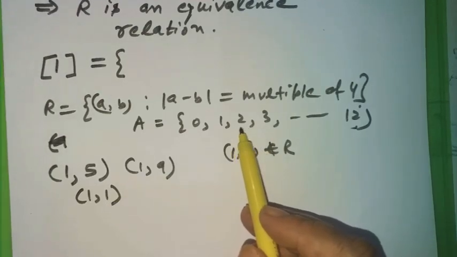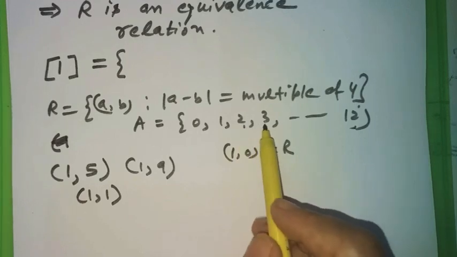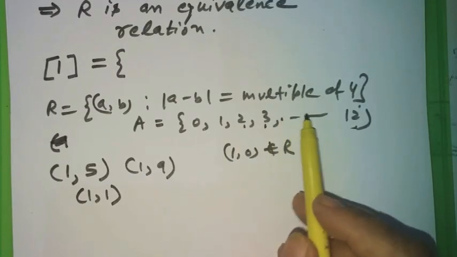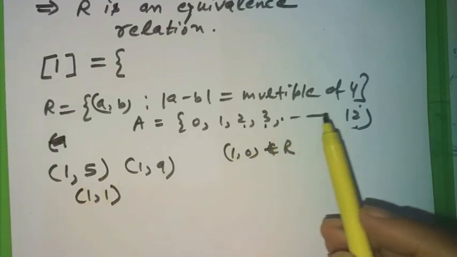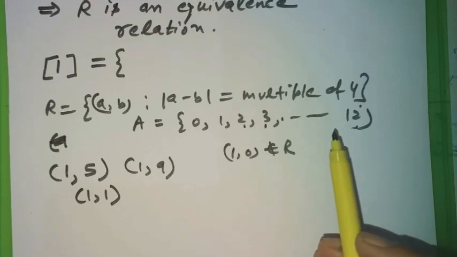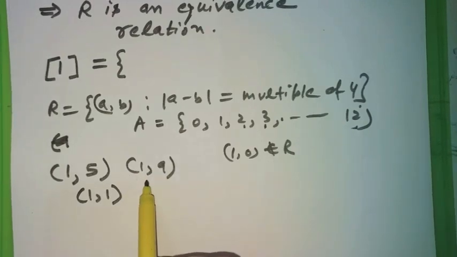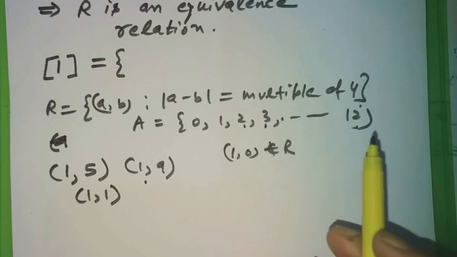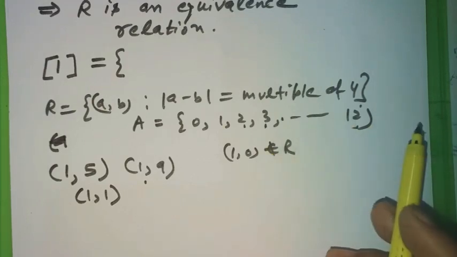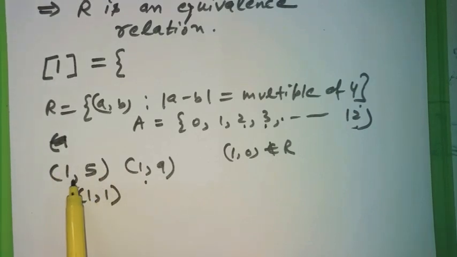The difference of 1 and 2 is 1. 1 and 3 is 2, which is not a multiple of 4. 1 and 4 is 3. 1 5 is 4, which we have written. 1 6 will be 5. 1 7 will be 6. 1 8 will be 7, and 1 9 will be 8. 1 10 will be 9. 1 11 will be 10, which is not a multiple of 4, and 1 12 will be 11.